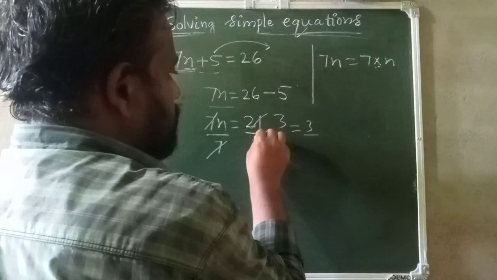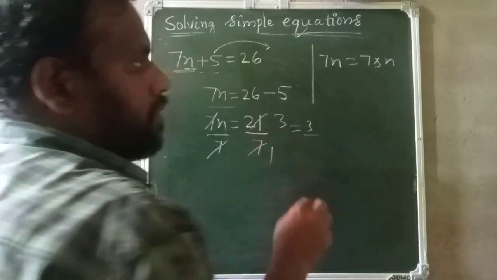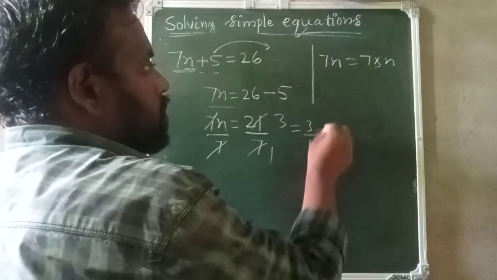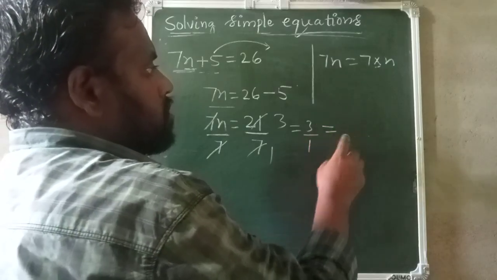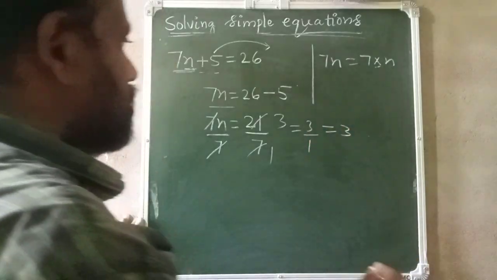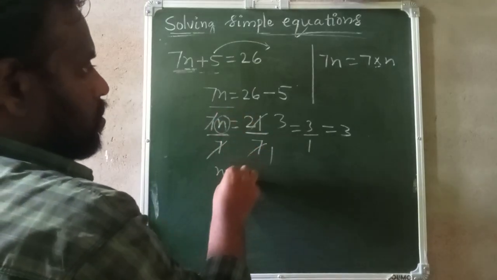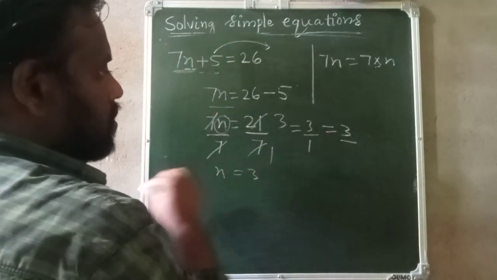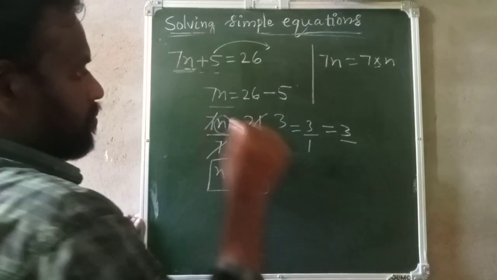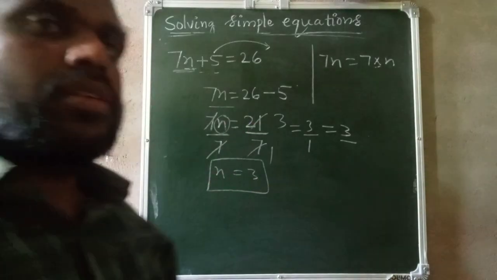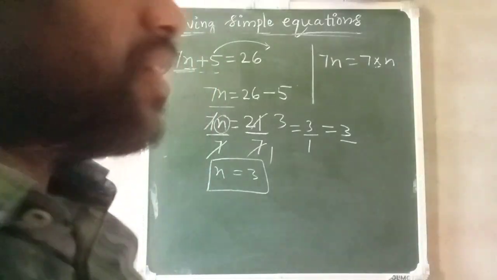This line we will read as by. 3 by 1 is 3. So here we are left with n is equal to 3. Now see, this n is equal to 3 is the answer.